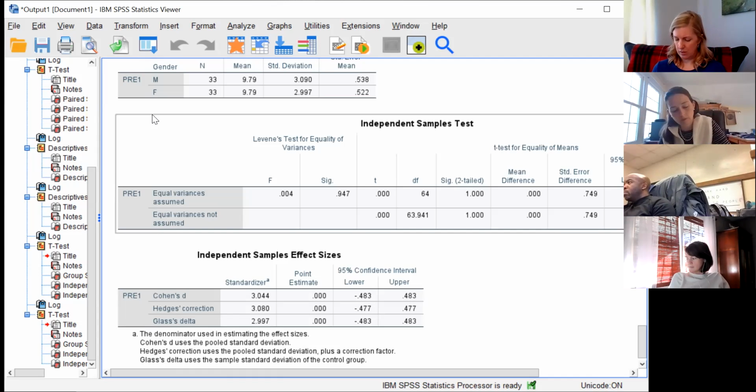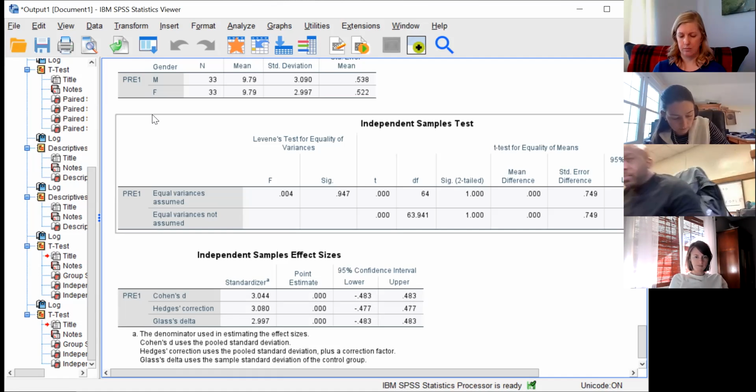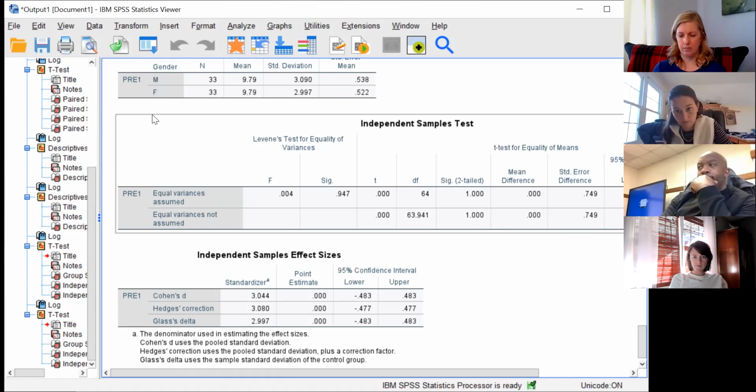And you also have the assumption that those two tests are similar, that they're measuring the same thing, but they're just two parallel forms. And because of that parallel form thing, we can do a paired t-test.